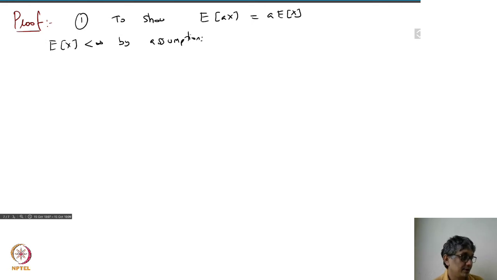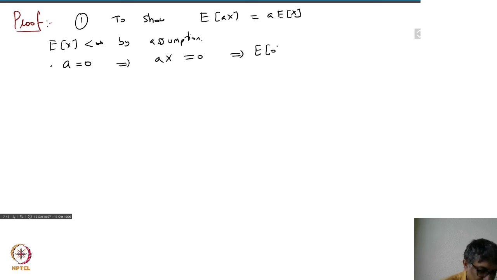So then let's say a is equal to 0. If a is equal to 0, a times X is also 0. And this implies, by the previous lemma, that E of 0 is just 0, which implies that E of aX is 0.